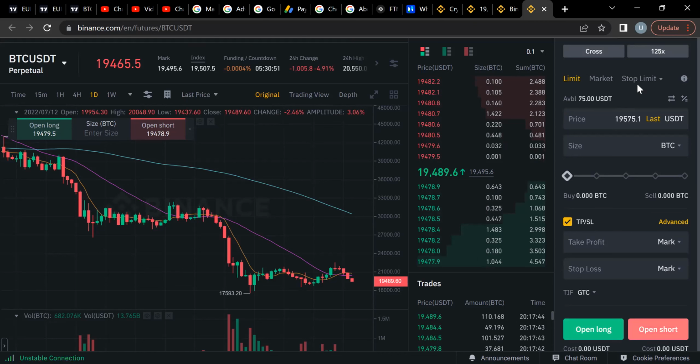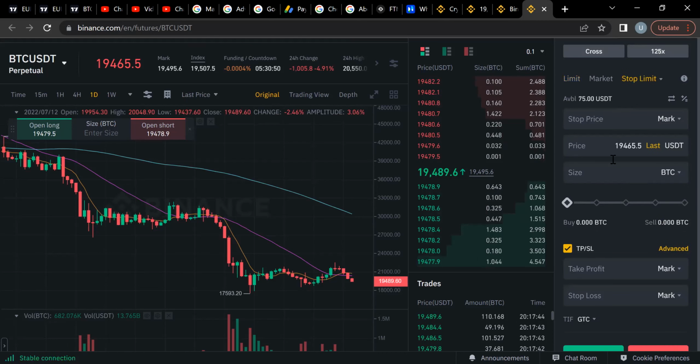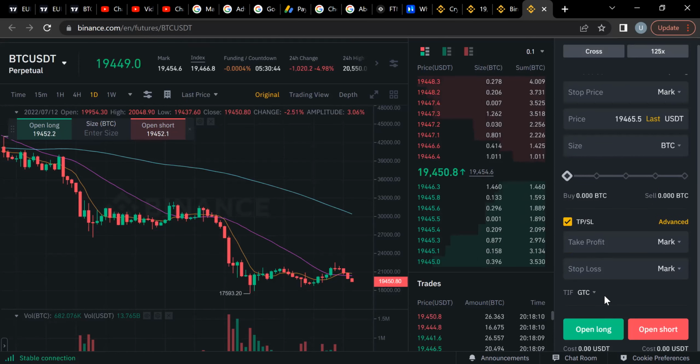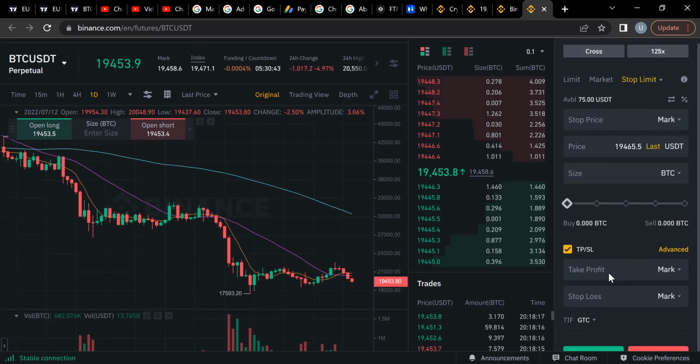Now, if you're using stop limits, it works just the way we explained for spot trading. If you are doing stop limit long, you have to put the stop price where you want the order to be placed. Then you put the limit price here, put your leverage, your position size, then your stop loss and take profit. If you don't understand this, please refer to that video on the other order types in spot trading.